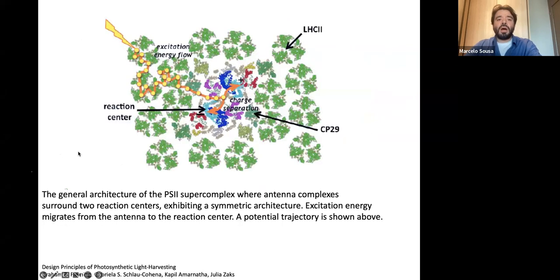So the thing is, we have several antennas that capture the photons, and when a photon is absorbed, it makes an electron go away from the structure of that antenna.